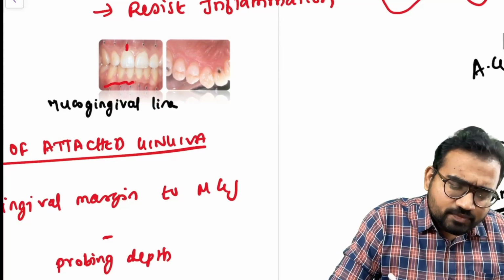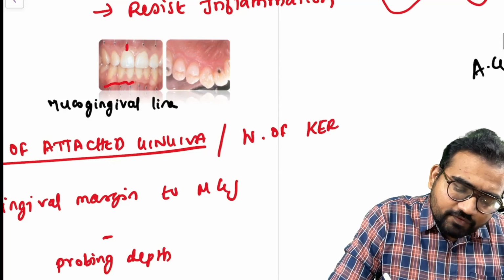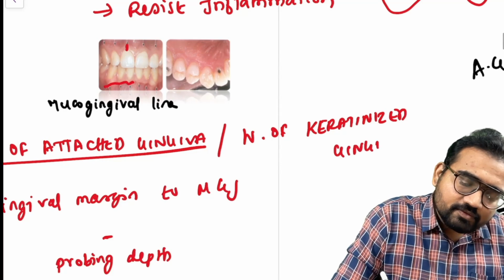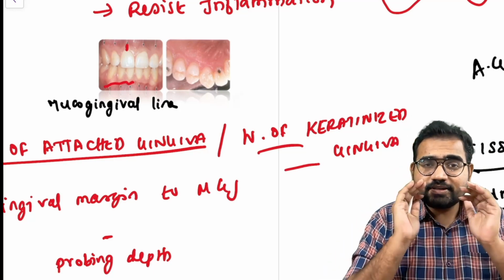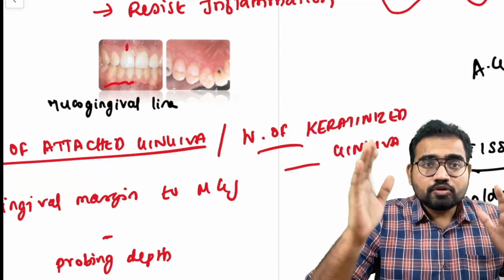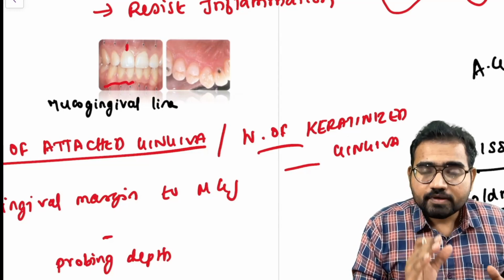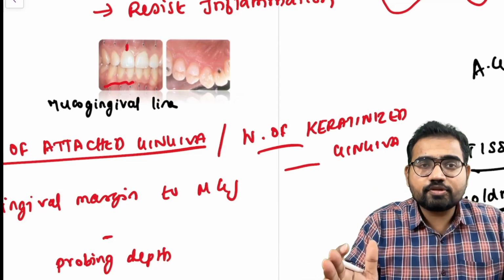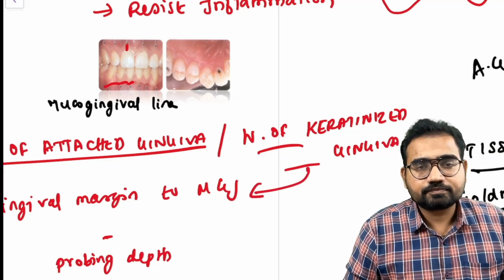Okay, what is width of keratinized gingiva? As I told you, for the width of attached gingiva, I'm measuring the distance from the gingival margin to the mucogingival junction, and I'm subtracting the probing depth, right? If I don't subtract it, the distance from the gingival margin to the mucogingival junction is called the width of keratinized gingiva.